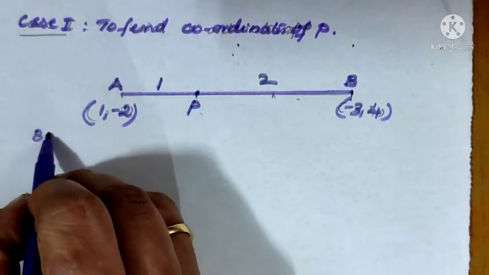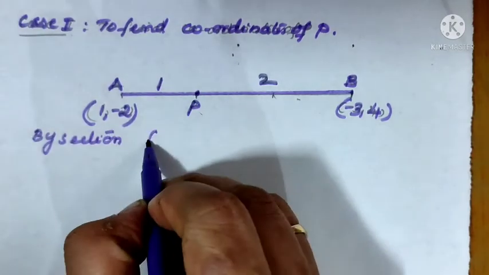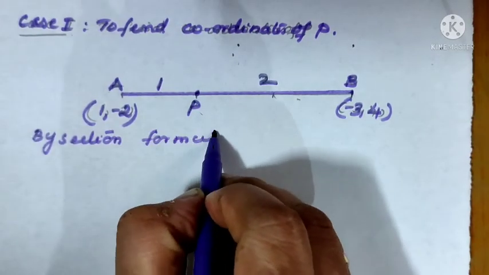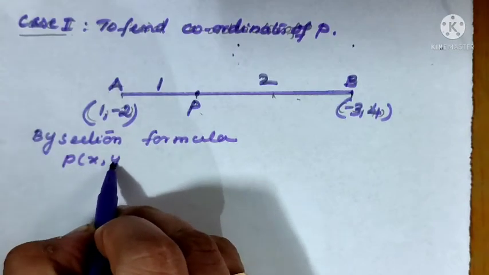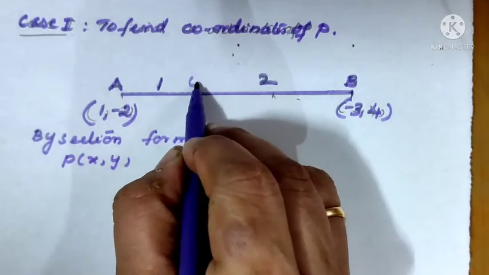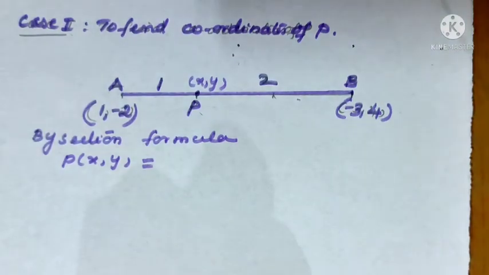So, by the section formula, P(x, y). Now what is the condition? We know the formula, there is no need of writing it, we can write it directly.